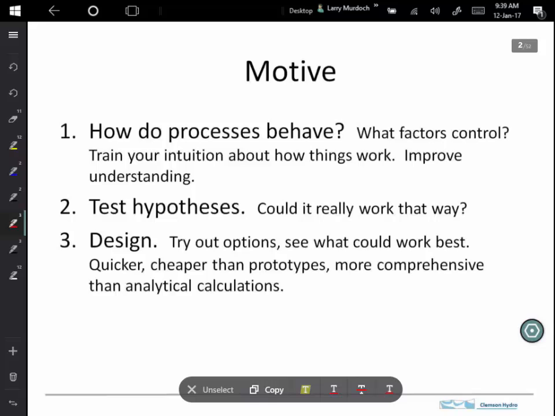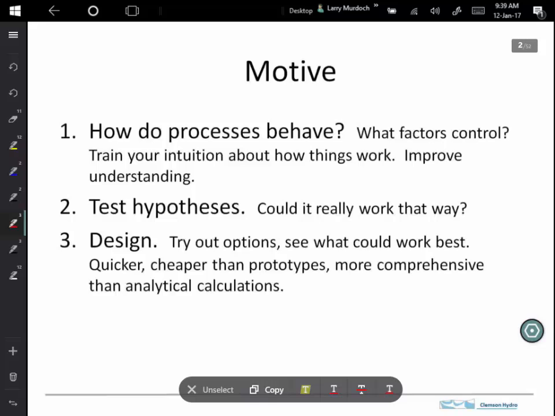If you have a system that you want to have work in a particular way, you can try out various options, see what might be working the best for the least cost. Doing numerical evaluations of designs is much cheaper and quicker than prototypes, and it's more comprehensive than analytical calculations, although analytical calculations are certainly a good place to start.